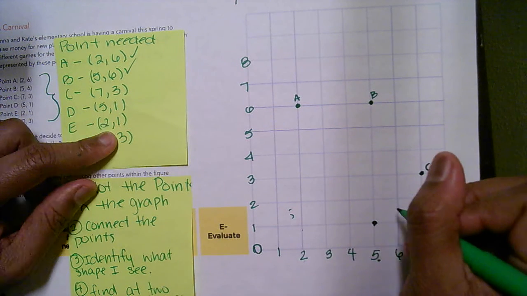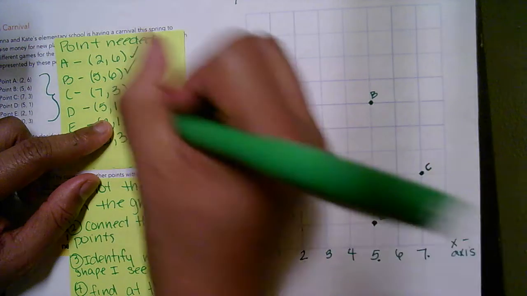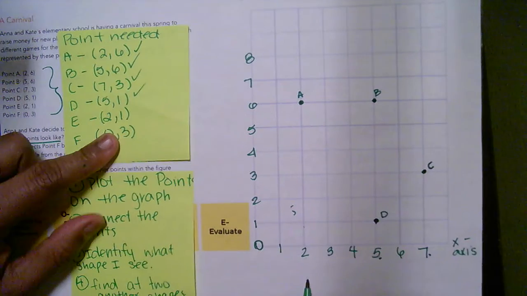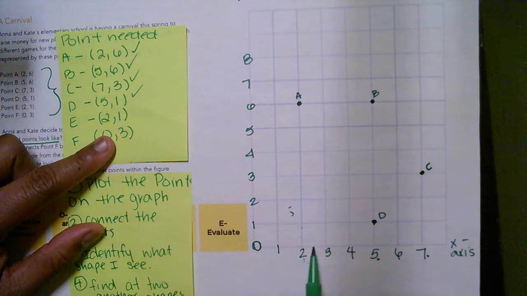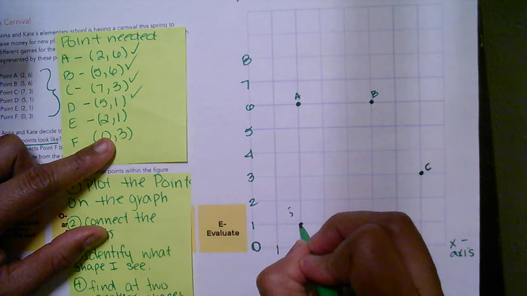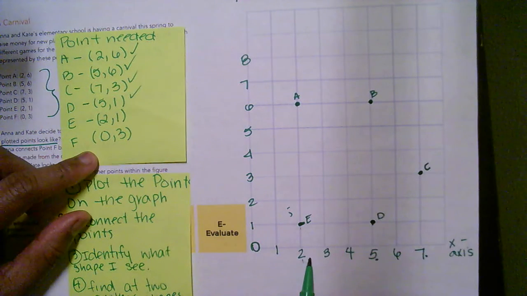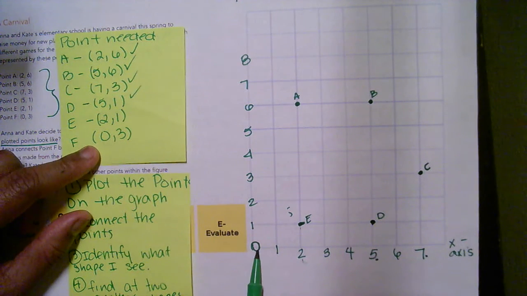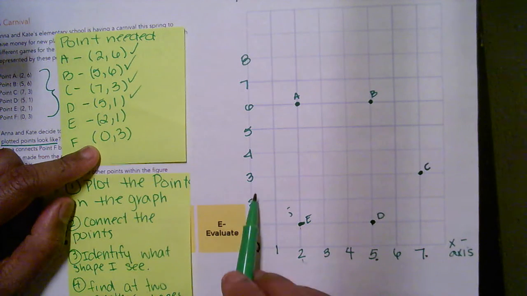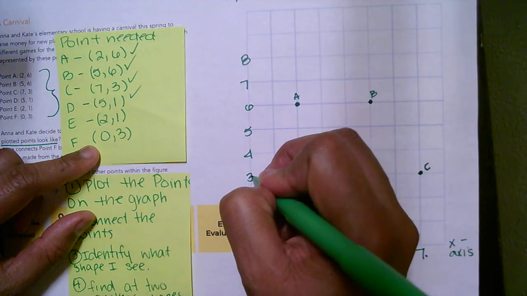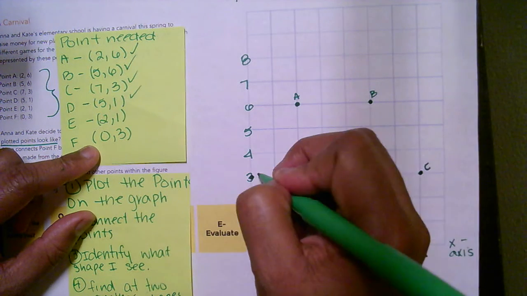And that's going to be my D. Now I'm going to elevator 2, up 1 floor. And then here, no elevators. I guess I'm going to take the stairs up to the 3rd floor. And that's going to be my F.